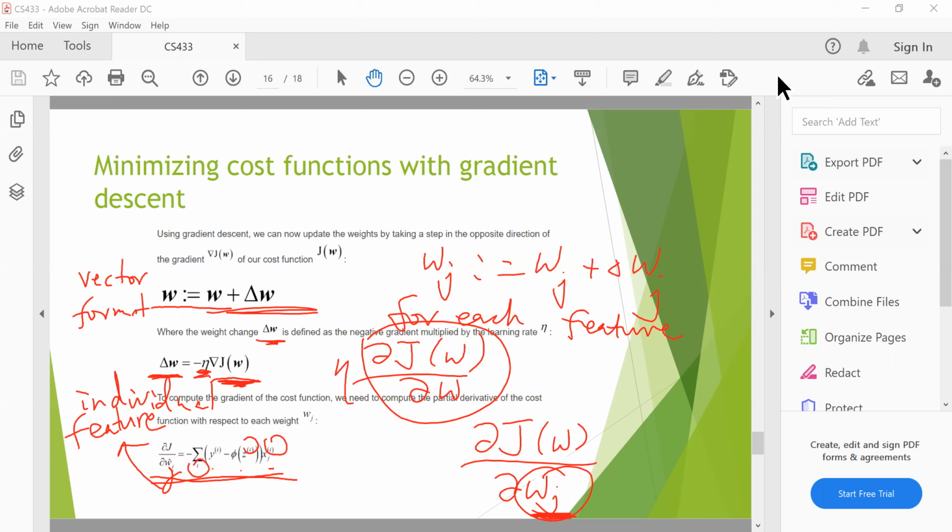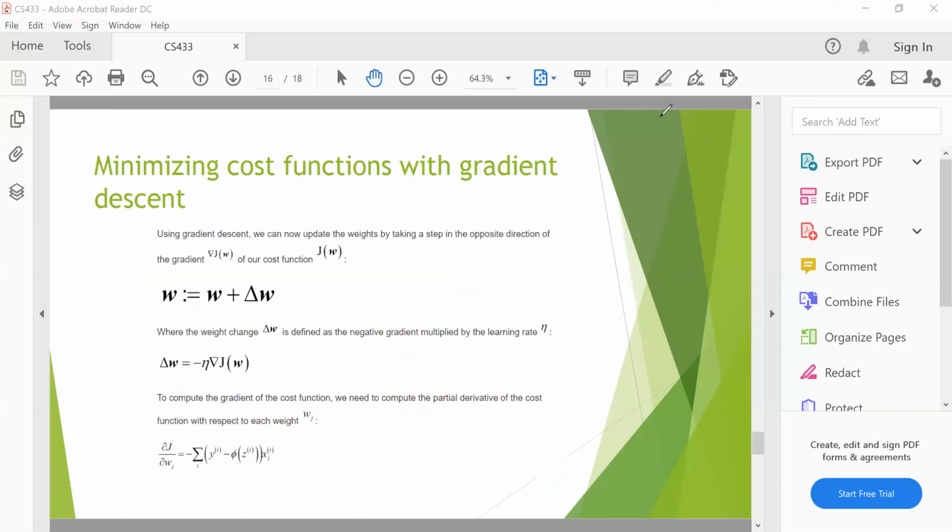So here, the superscript i is for one sample. Okay, one sample. But over here, we can see we have sigma. So what does this mean? This is to sum over all samples.